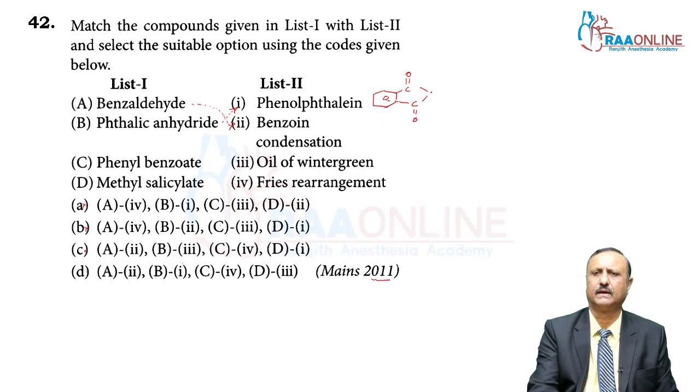This is the phthalic anhydride, and it reacts with 2 molecules of phenol, one molecule of this and another molecule of this. Hydrogen atoms are removed, and in this way a water molecule is removed, and when this water molecule is removed, you get this compound.